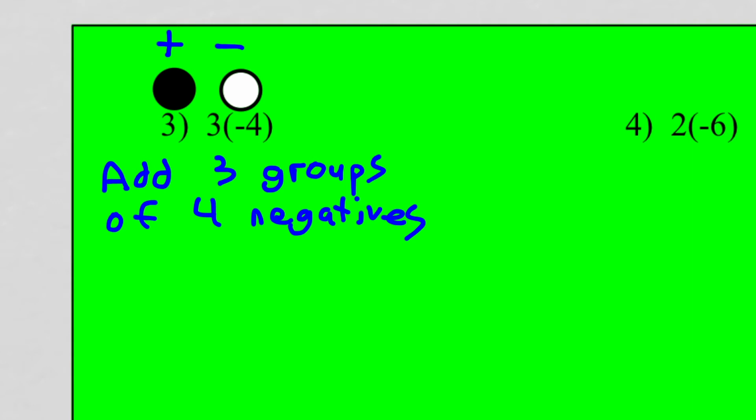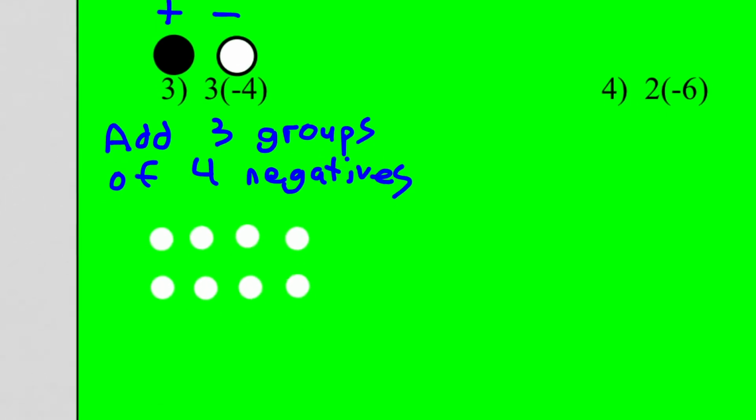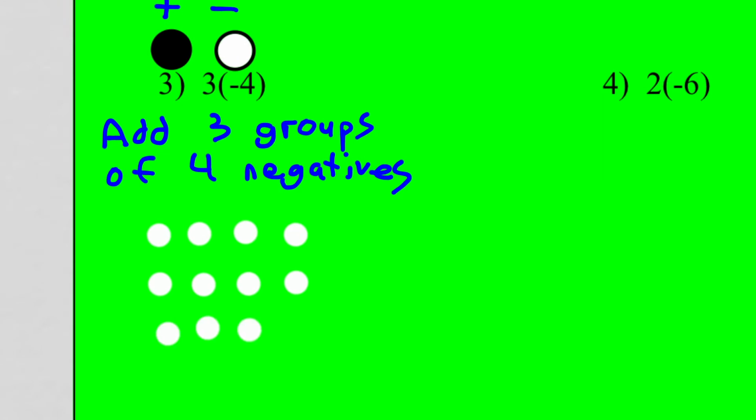So do exactly what it means. There's 4 negatives. There's a second group of 4 negatives. There's a third group of 4 negatives. So 3 groups of negative 4 is equal to negative 12. A positive times a negative is a negative.